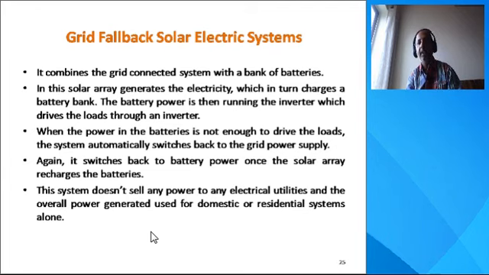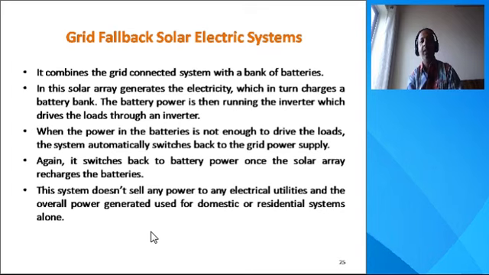When power in the batteries is not enough to drive the load or the battery is discharged, then the system automatically switches to the grid power supply. And when the battery starts to charge again, and when the battery is fully charged, it automatically disconnects the grid power supply and supply is maintained with the help of the battery.